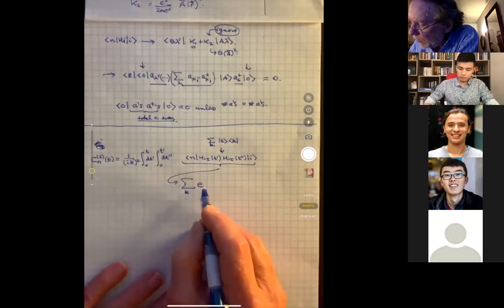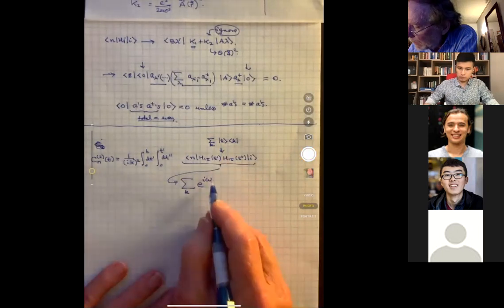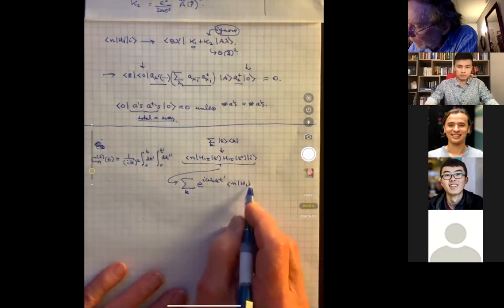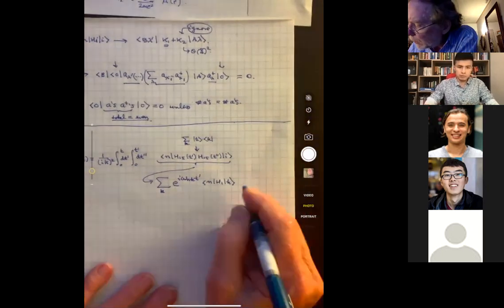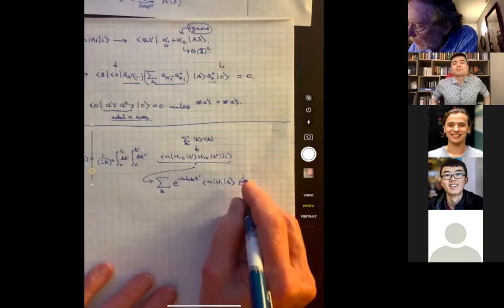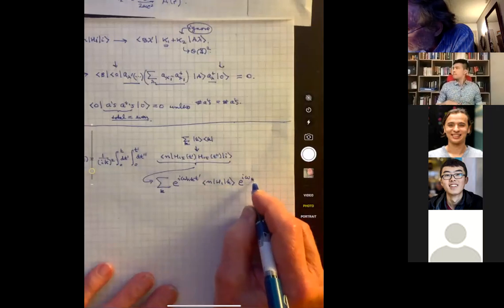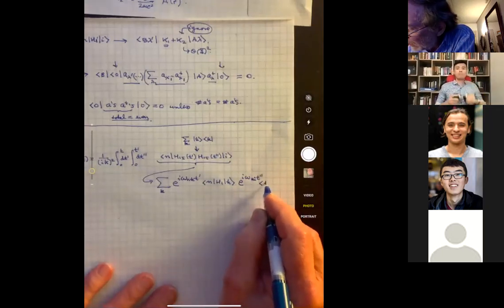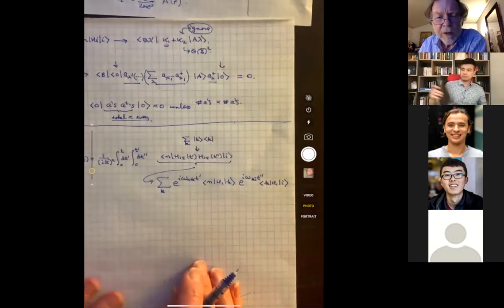We have a phase factor e to the i omega nk t prime times a matrix element n H1 K, and then another phase factor, which is e to the i omega Ki t double prime times the matrix element K H1 I, like so. Hope you can see all that.